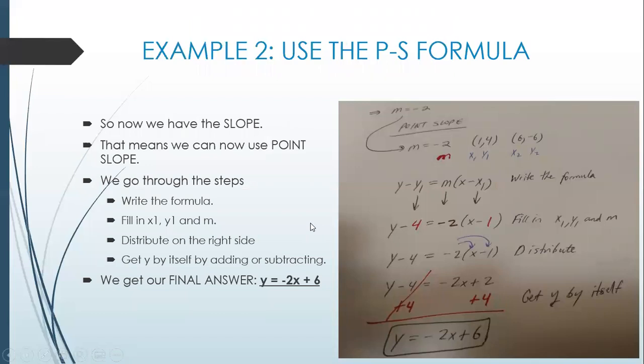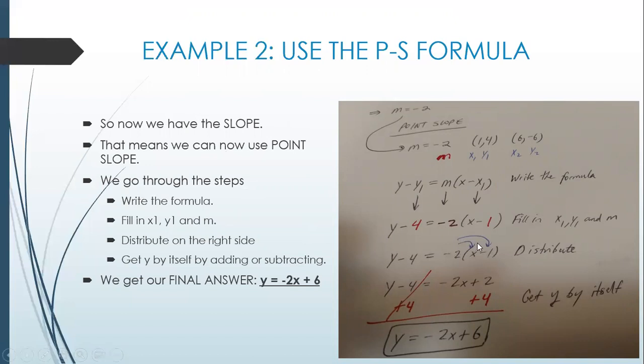Now we have the slope. That means we can now use point slope. So we go through our same steps. We write the formula like so. We fill in x1, y1, and m. We distribute, which means multiply. On the right side of the equation, we make sure and use all of our rules.